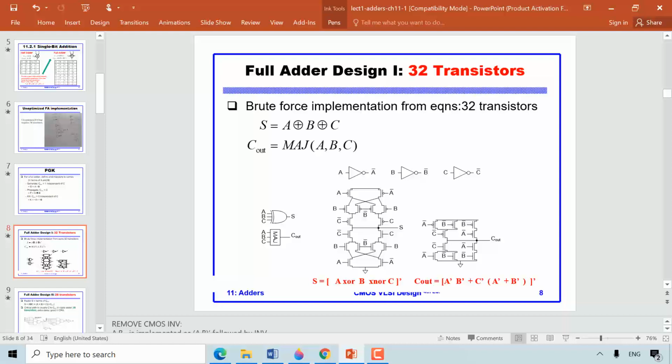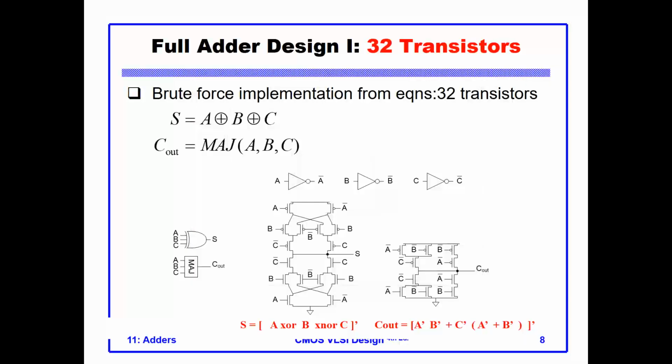You can see here, if you take this and implement it with this complex gate, what they have done is lots of sharing between these arcs. You can see here what they have done.